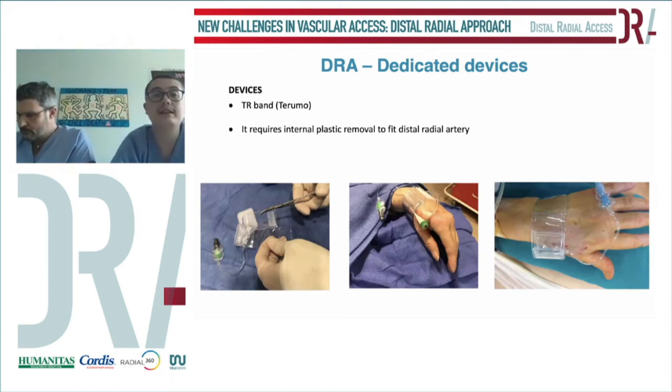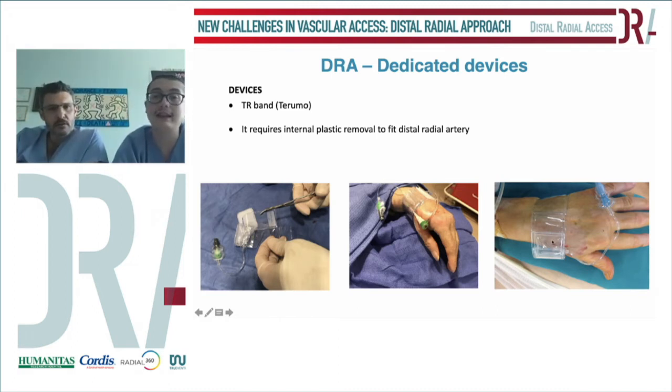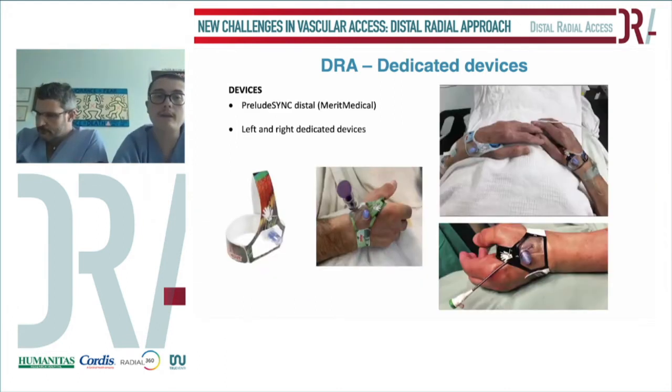There are 2 available devices. The first one is a modified TR band. You use the TR band, remove the rigid plastic part, and then apply it to a snuffbox puncture site. Then you inflate it, and you manage it just like any other artery puncture. The other device, which we are using quite a lot, is the Prelude Sync from Merit, available for left and right puncture sites.